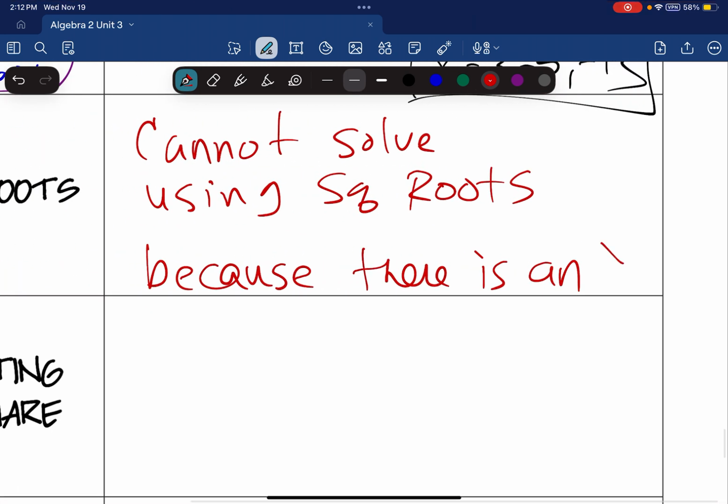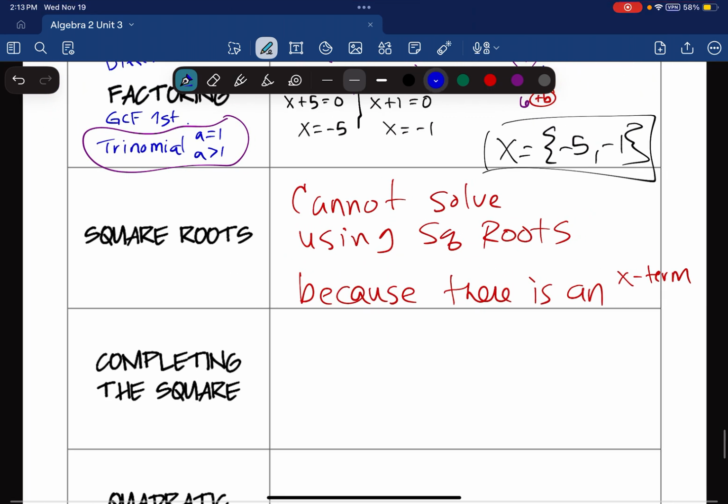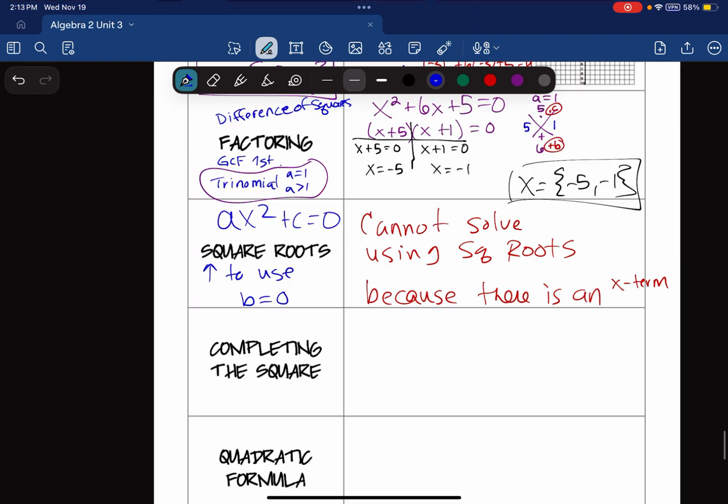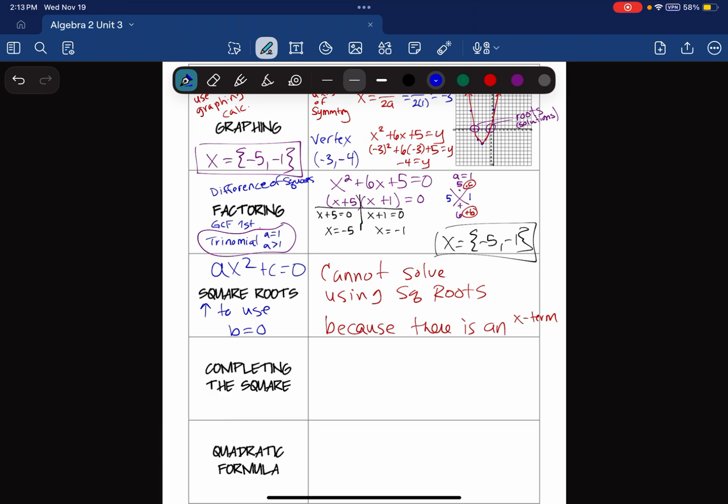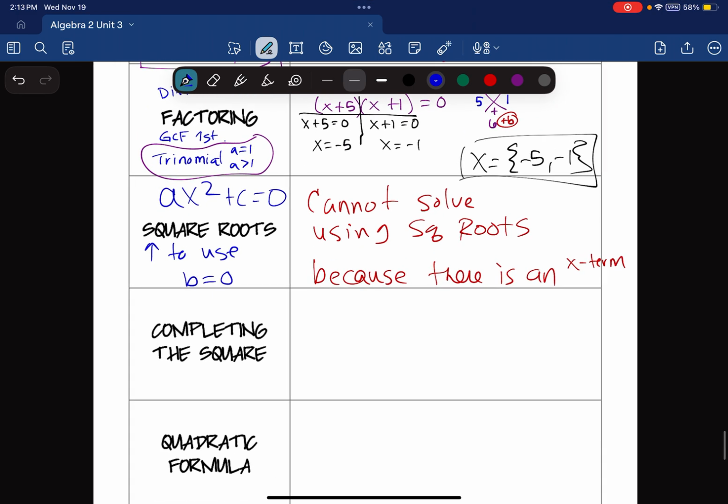Remember, to use the square root method, b has to equal 0. You have to have just ax squared plus c equals 0. You can't have a b term. So not all the methods work. Square roots only work when we're missing that b term.